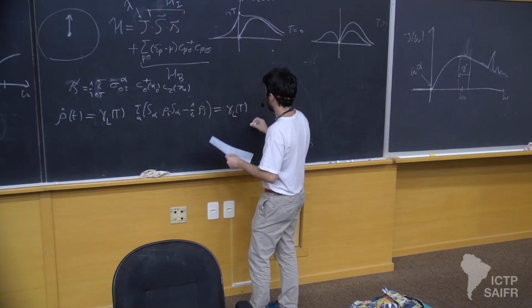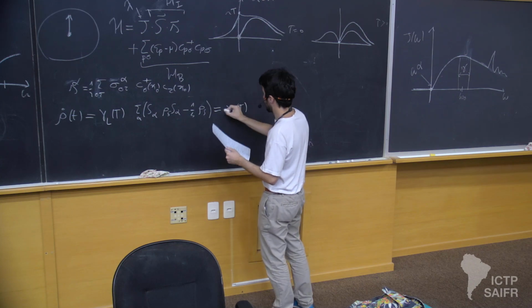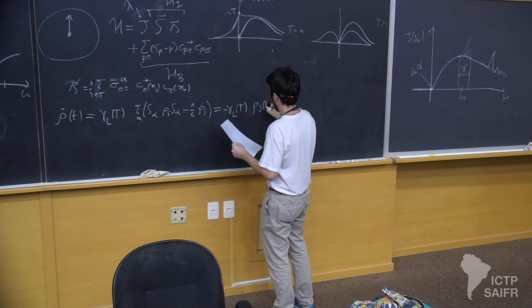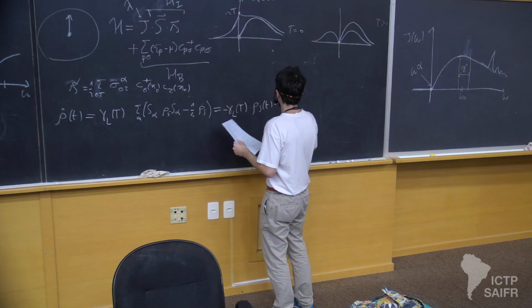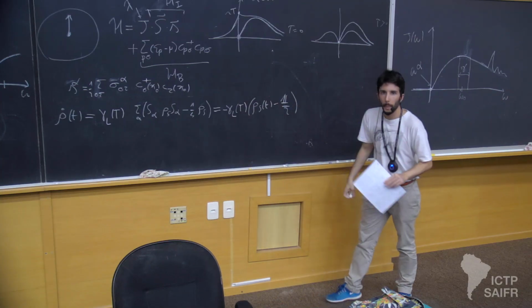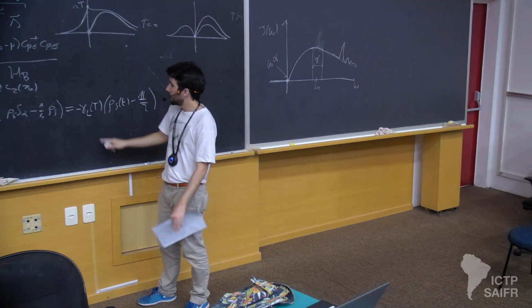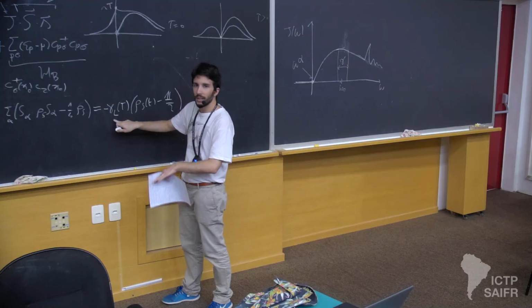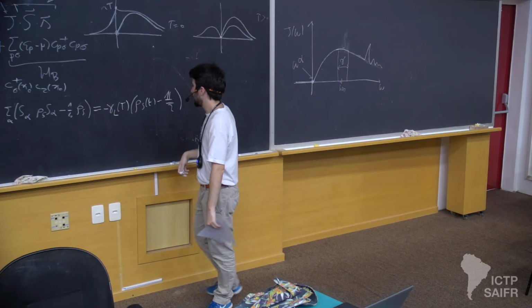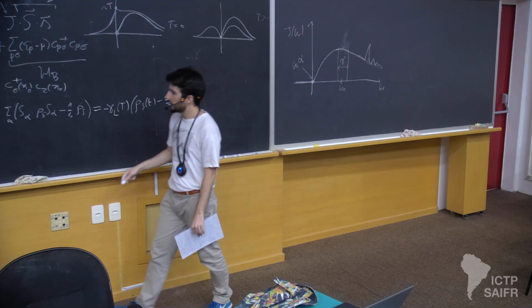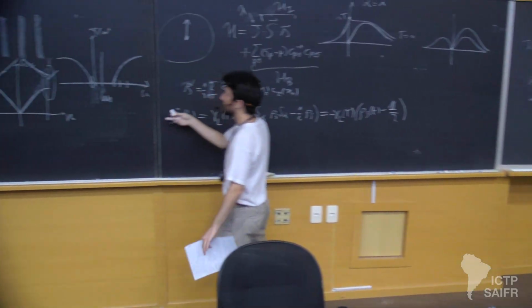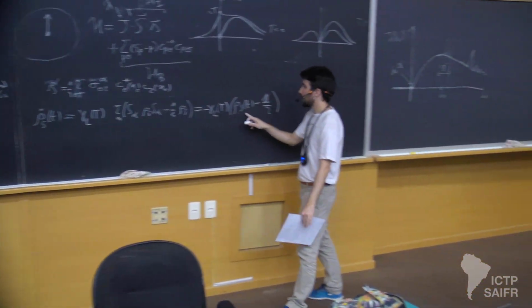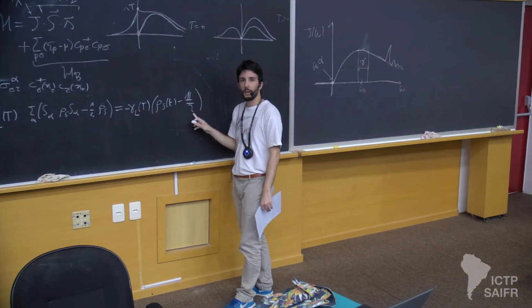So the result is actually much simpler. I put gamma L as Lindblad. So this is essentially saying that you expect the system to relax exponentially to a maximally mixed state.